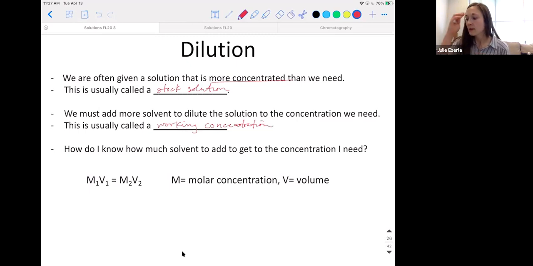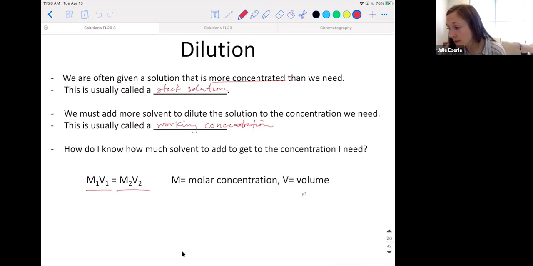So the question with dilutions is, how do I dilute properly? How much solvent do I add to dilute it? How do I know what concentration I'm going to get? Well, you can use this equation, M1V1 equals M2V2. This looks a whole lot like Boyle's law, which was P1V1 equals P2V2. So this is just slightly different. M stands for molar concentration, so it's a molarity, and V is the volume.